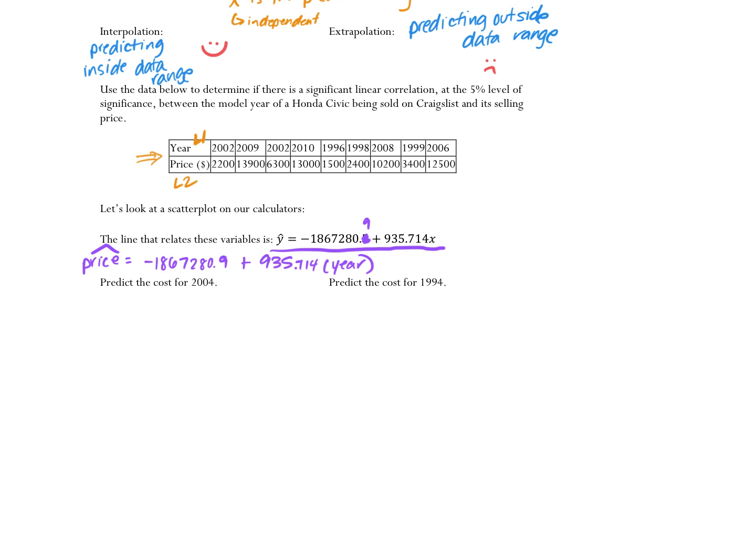If I want to make a prediction, essentially what I want to know is, what is the price in 2004? Then I take that equation and replace the year with 2004.